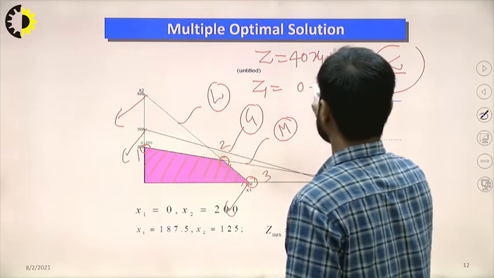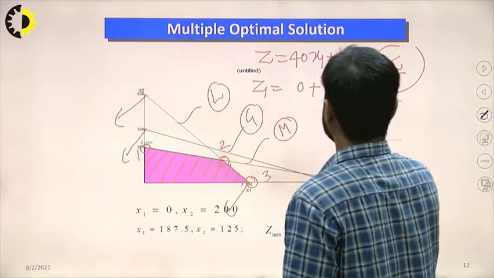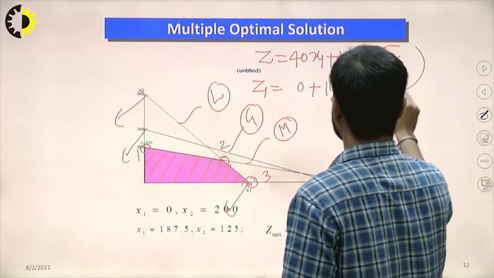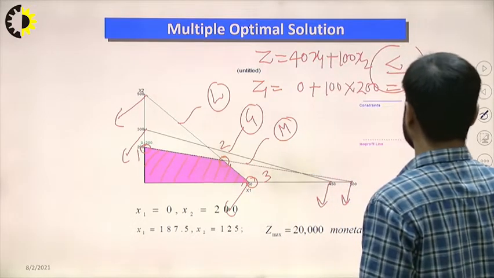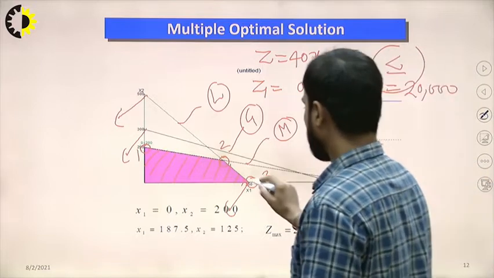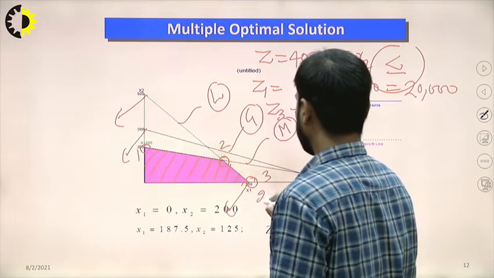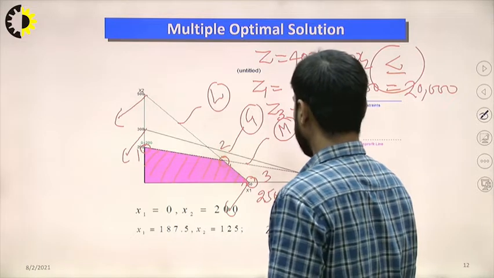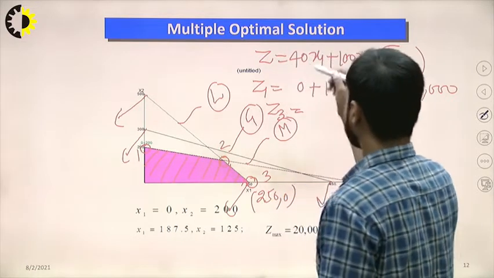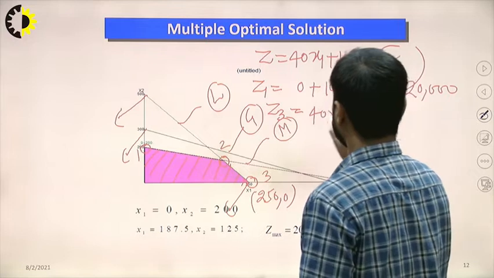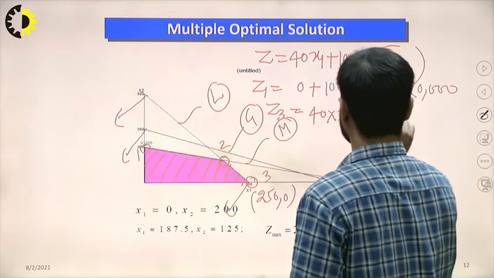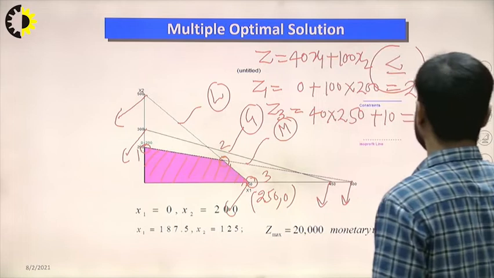So 0 plus 100 into 200, that becomes 20,000. Right, another corner point, this is 3, z3, that corner point is 250, 0. The coordinate of this point is 250, 0. If I put this value, 40 into 250 plus 0, that becomes 10,000.